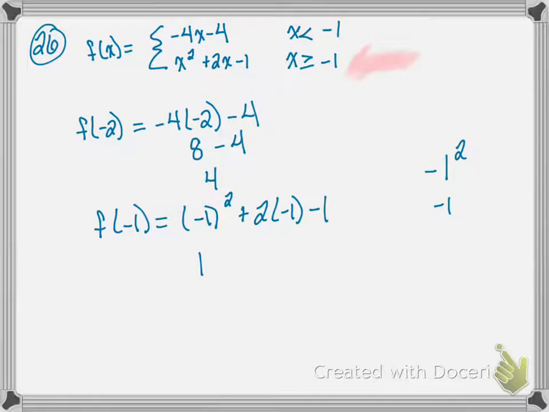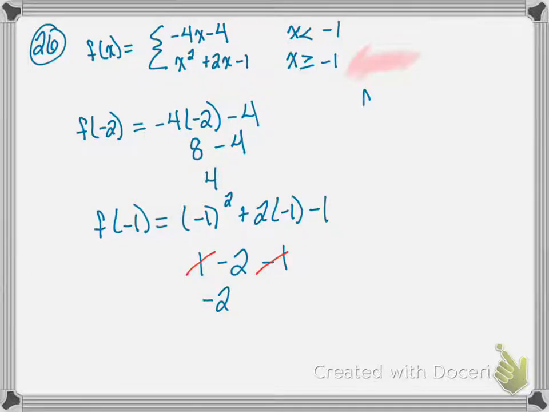So it's better if you go ahead and write it like this, the negative 1 being squared. Okay? So then we have 2 times negative 1 is negative 2. Okay, our 1 and our negative 1 cancel. So my final answer to this is negative 2.